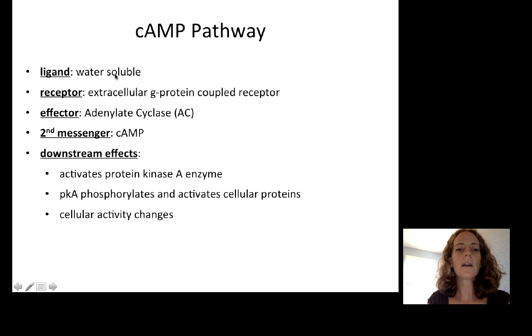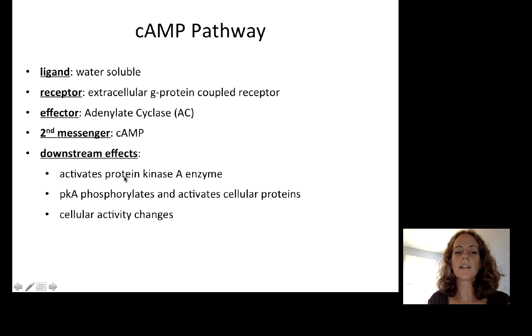It is usually a water-soluble ligand that is activating an extracellular receptor. For second messenger pathways, it's a G protein coupled receptor that's attached to a G protein that will activate adenylate cyclase, or AC. That will then make a ton of cyclic AMP for many downstream effects. One of those, for example, is to activate an enzyme.